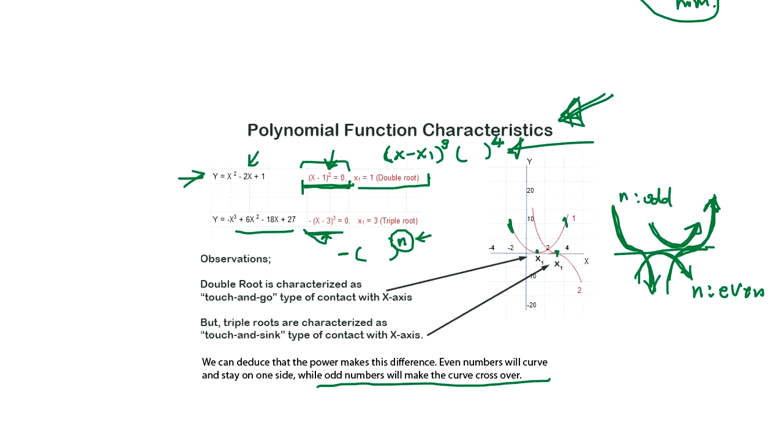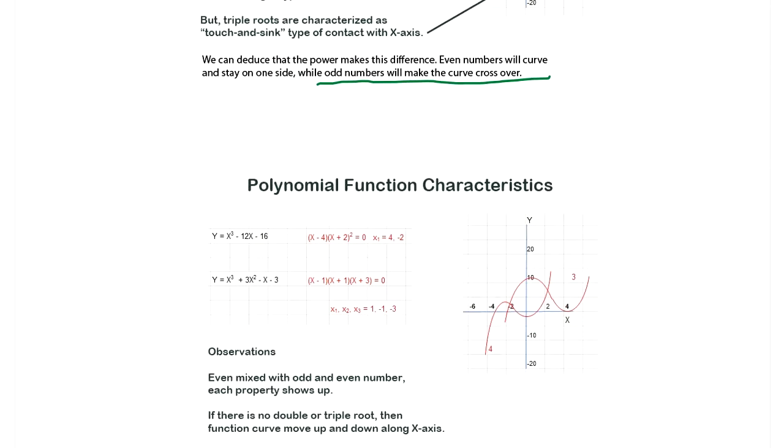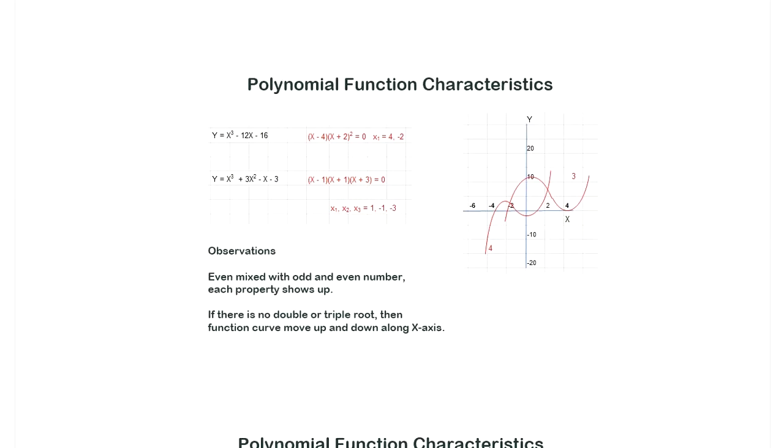You look at the root, whether it's a double or triple, depending on the type of root, and you know how the function curve goes. Okay, next characteristic. We take the example of this polynomial, x to the third, and another x to the third.